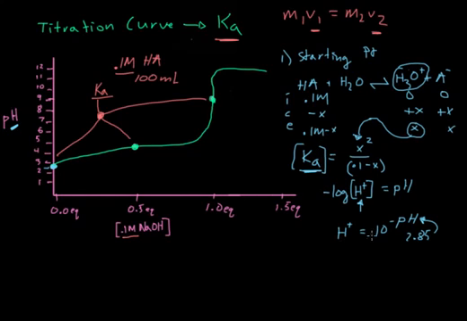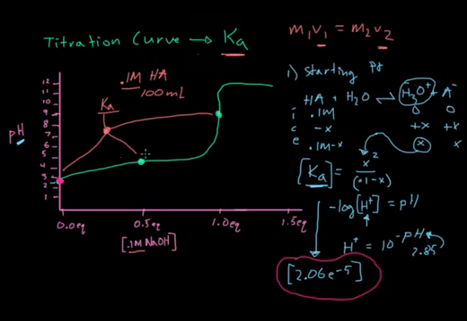After you chug all this stuff in, the Ka value that you're going to find is 2.06 times 10 to the negative fifth. This is the Ka generated from looking at the starting point.